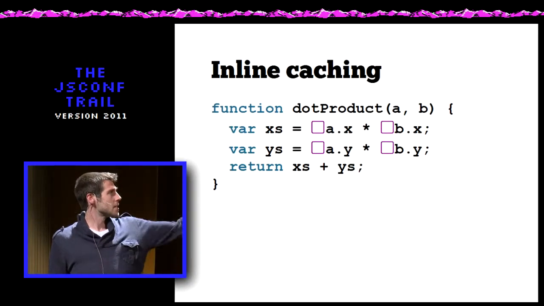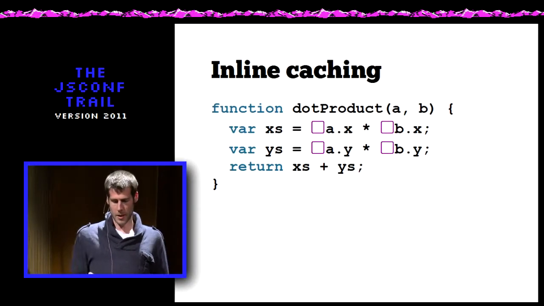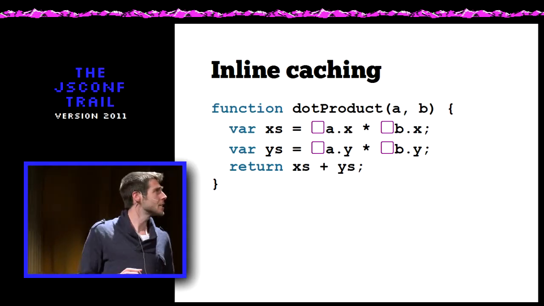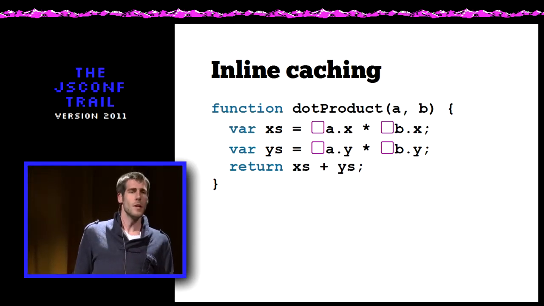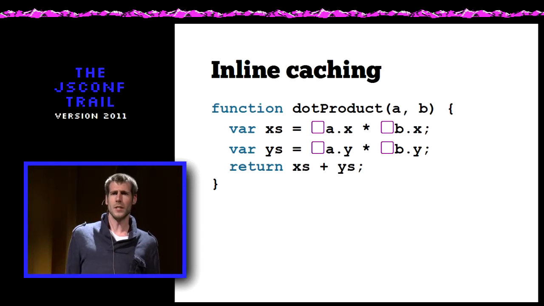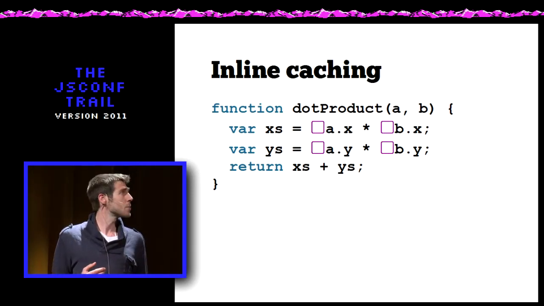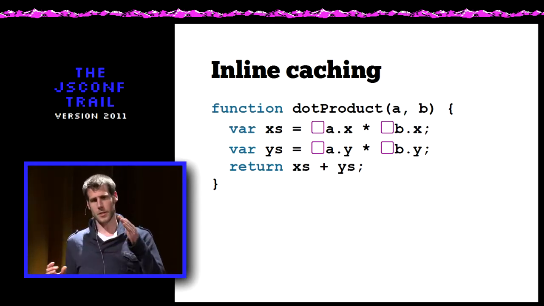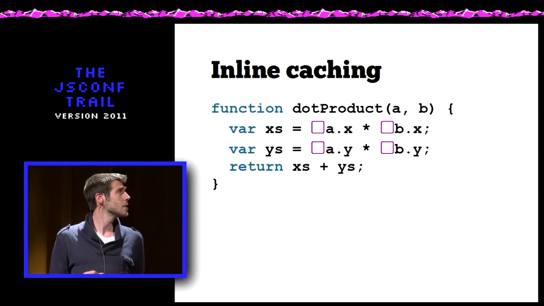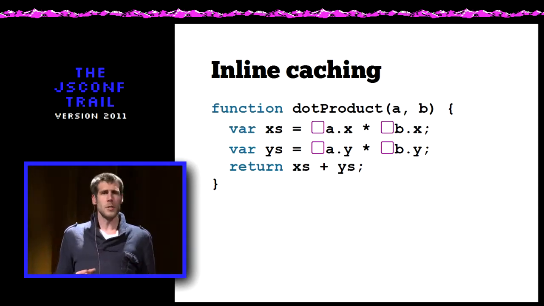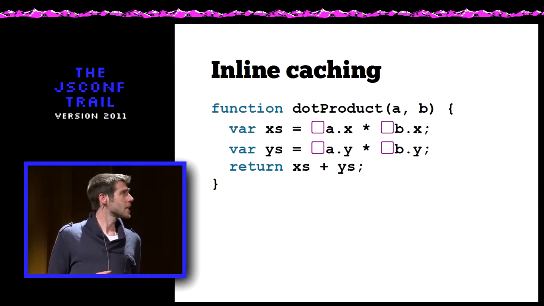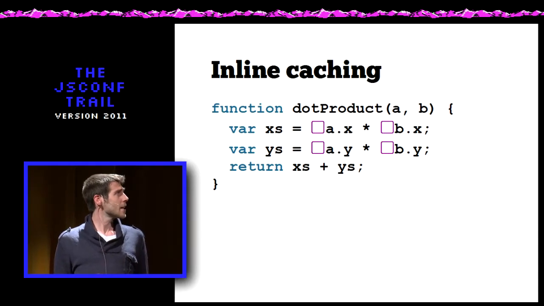You can imagine that in the compiled code there's like a little space next to each property lookup. And when that happens, the code is going to look the property up in an object somehow, and it's going to find the offset into the object where this property lives. At that point, it stores the kind of the object and the offset of the property in this inline cache.